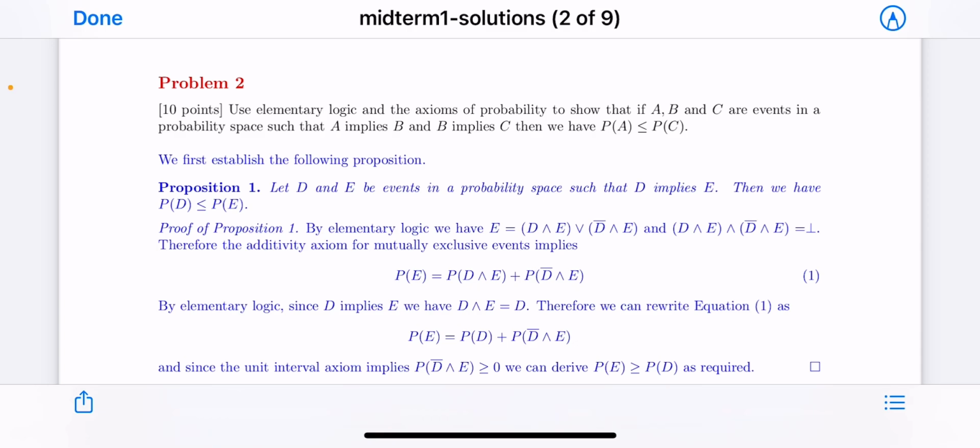They obfuscated things by putting in this intermediate event B. So I'm going to be hostile to this obfuscation and attempt to remove it by doing exactly what I would like to be doing, which is proving that if one event implies another, then the first one is no more probable than the second one. So that's what I'm going to do.